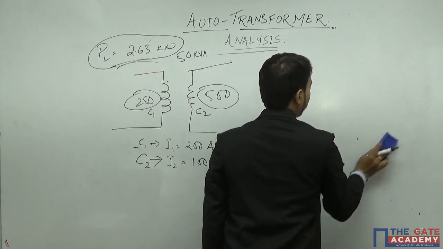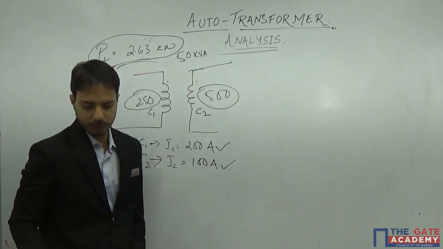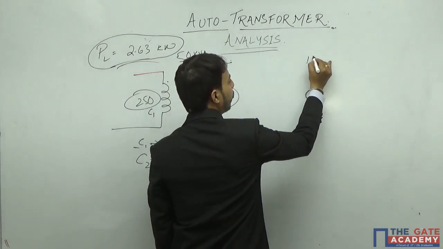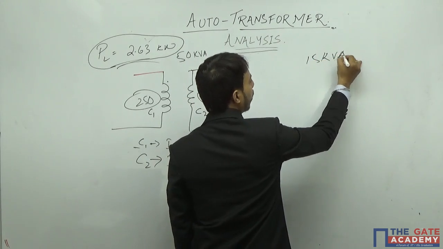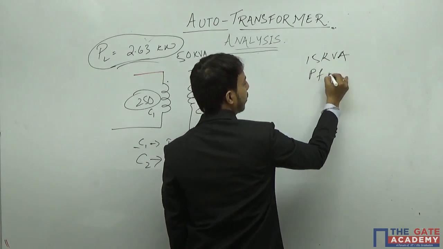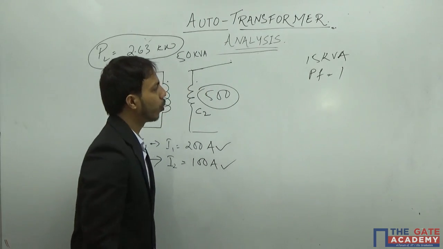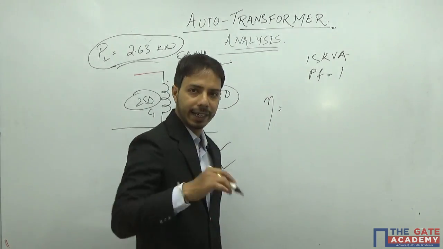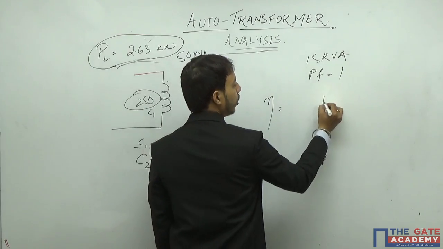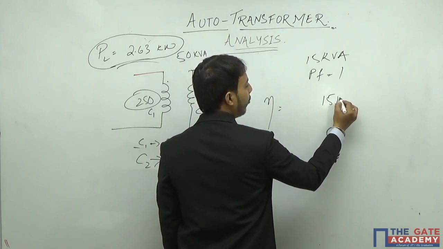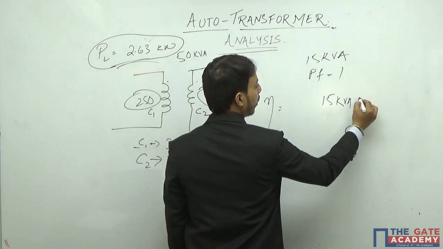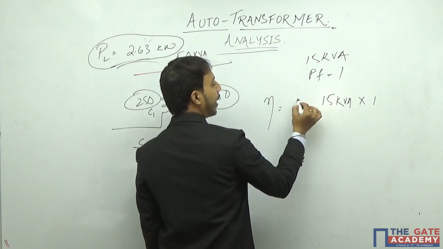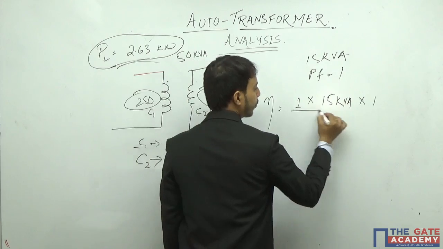So now we have the kVA as 150 kVA, power factor is unity. So what will be the efficiency now? And it's at rated load. So output 150 kVA multiplied by 1, and rated load, so 1.